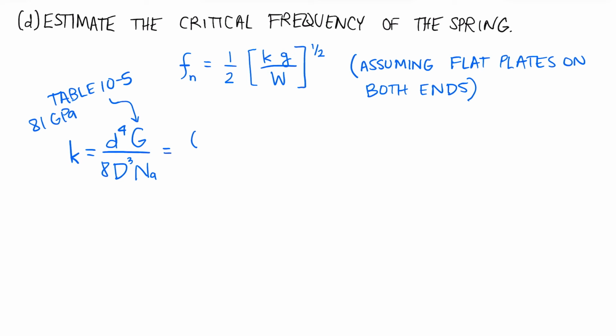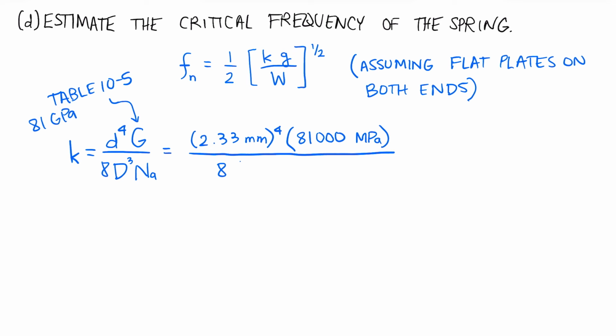So plugging everything in, we got 2.33 millimeters to the 4th power times our shear modulus of 81 gigapascals. I'm going to multiply this by 1,000 so that I can work in units of megapascals, because again, megapascals and millimeters will cancel out to give units of newtons.